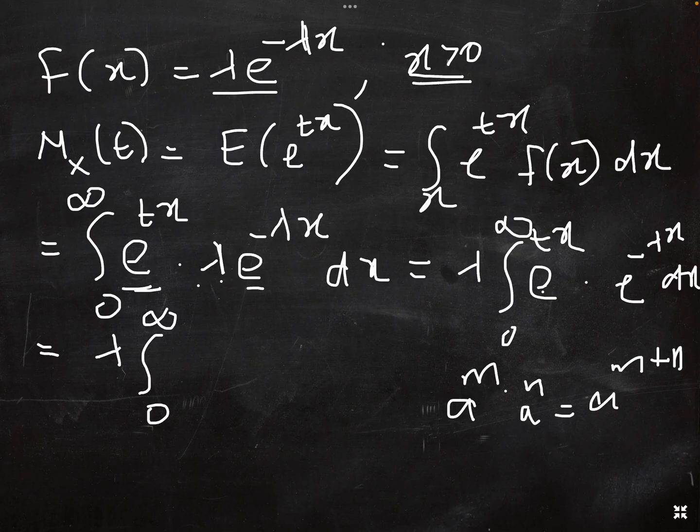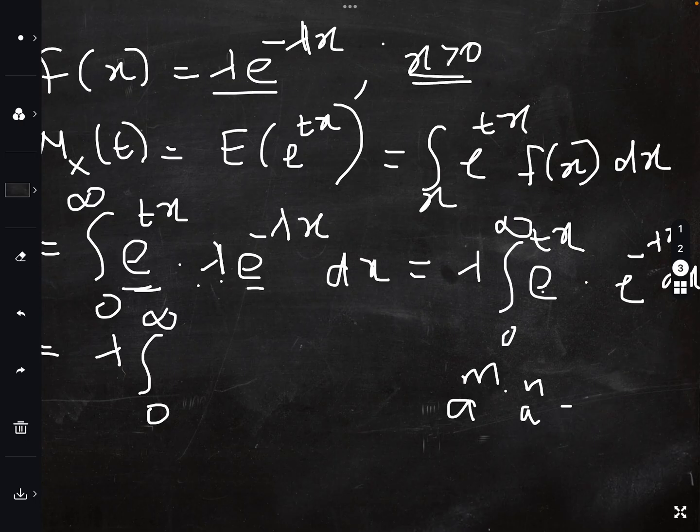So here e raised to tx into e raised to minus lambda x.